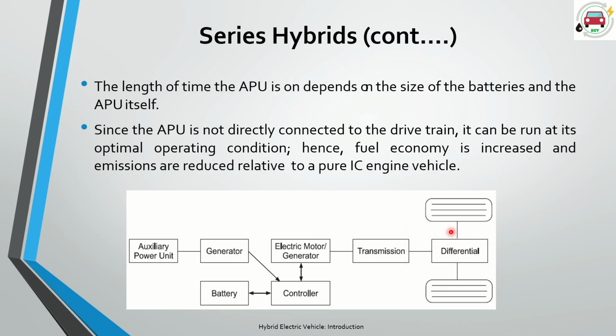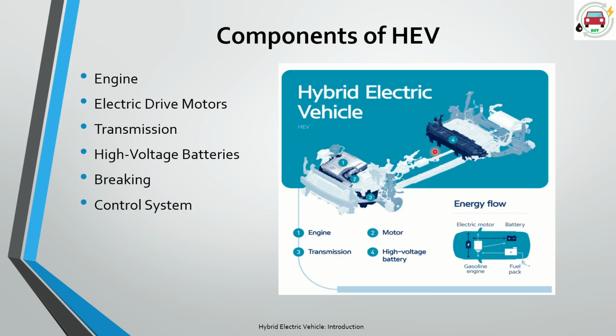We know what the function of the differential is, right? So the APU can be an IC engine or a CI engine also, right? That we will see in the components of hybrid electric vehicles.